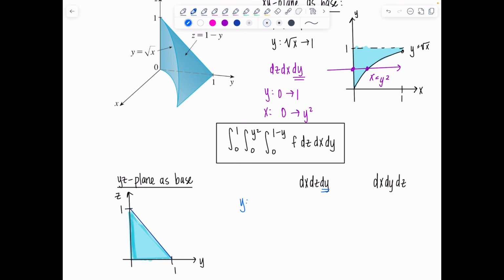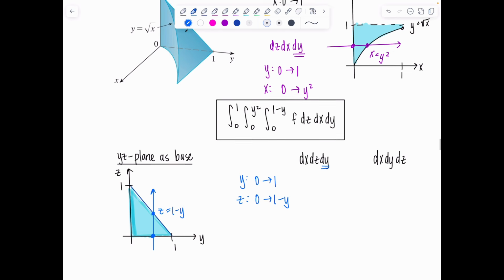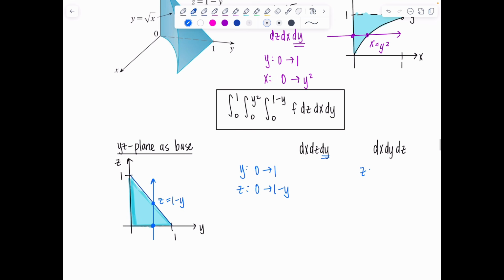Y is going to go from 0 to 1, and z goes from 0 to the line. This is z equals 1 minus y, so 0 to 1 minus y. If you went the other way around, z would go 0 to 1, and y would go from 0 to this line, but this line is y equals 1 minus z if I solve for y as a function of z. So 0 to 1 minus z.